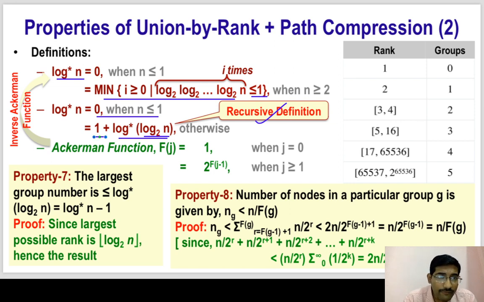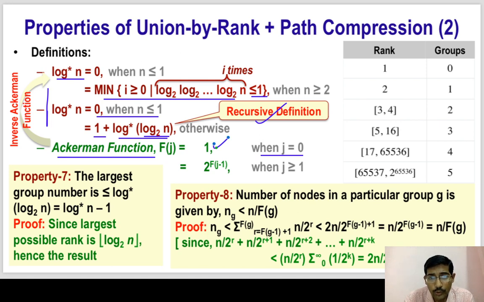All of the definitions that we have done till this point come from the fact that we have the Ackermann function in our hand. This Ackermann function is a traditional math function which says that if j equals 0, f of j is equal to 1. Otherwise, it is 2 to the power f of j minus 1.